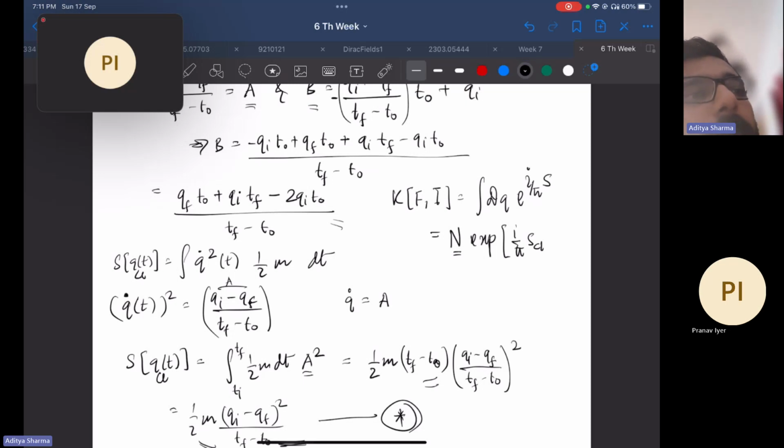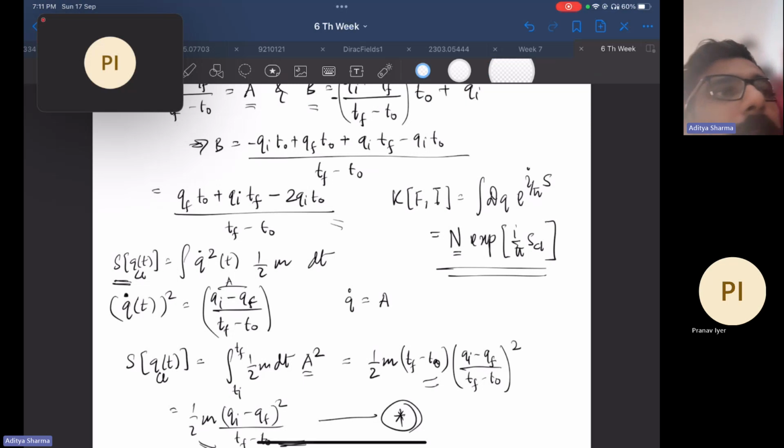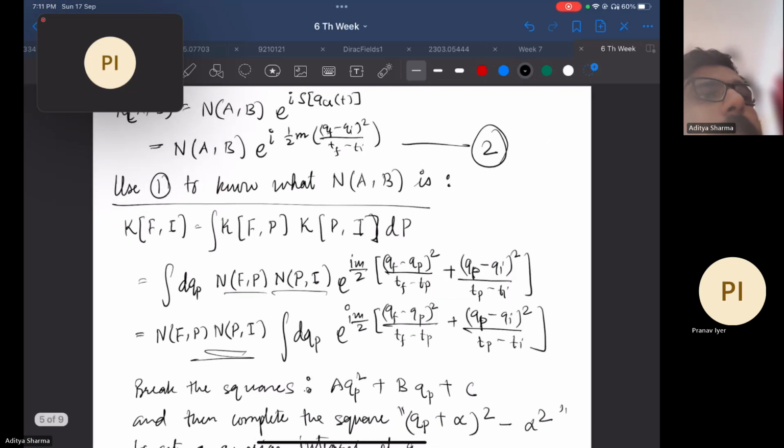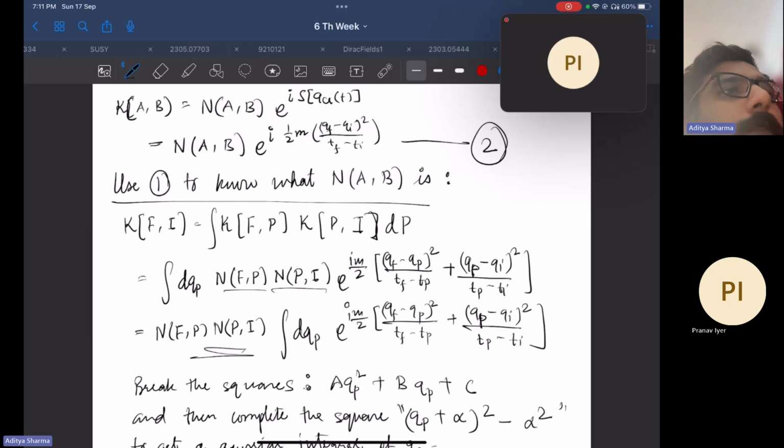By S classical, I mean you have evaluated the action over the classical path. This is the result, and I have proved it also. Let us go over the proof later, but you accept this for now, and we'll carry on. So you can write the kernel of AB as N AB times this thing. For a free particle, this is just this.